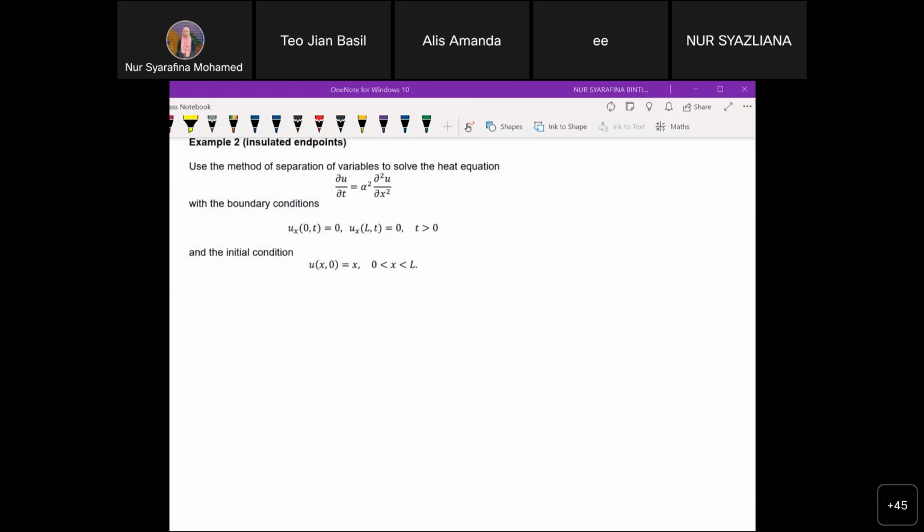You have to know that you need to differentiate the u function with respect to x once you want to apply the condition.